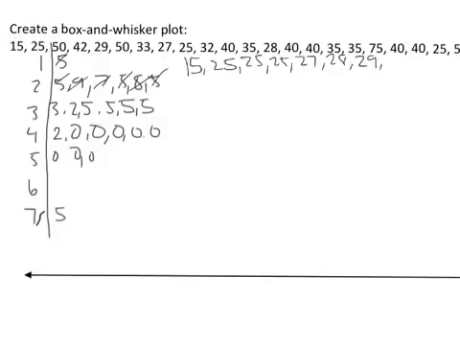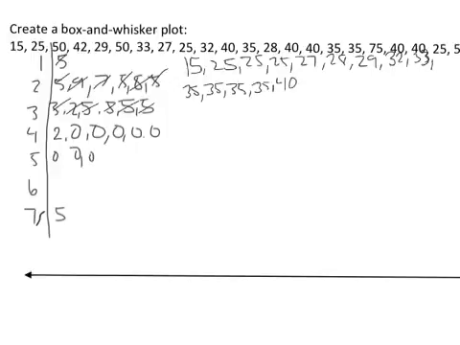And then I have a 32, 33, 33, and then 4 35s. It's a lot of 35s. And then we're done with our 30s, which is awesome. Moving on, we have 5 40s.